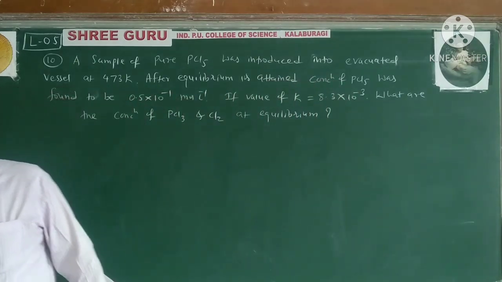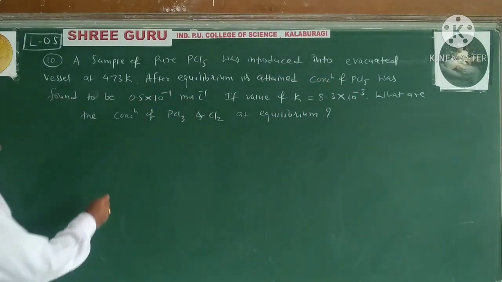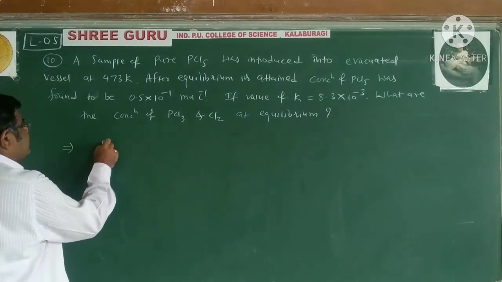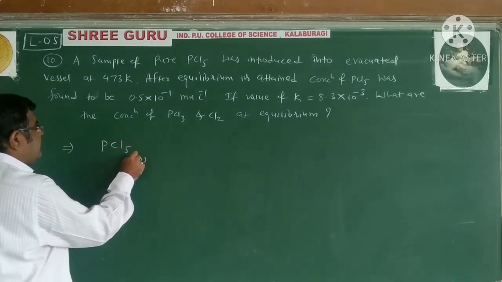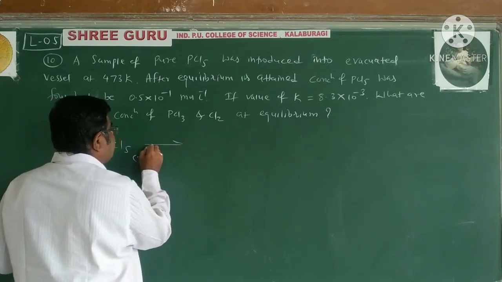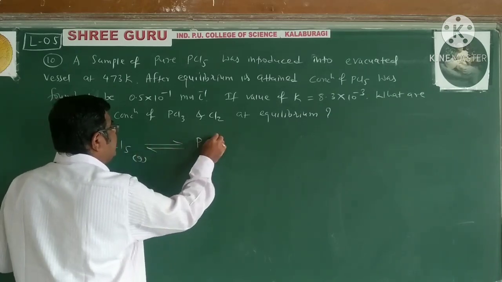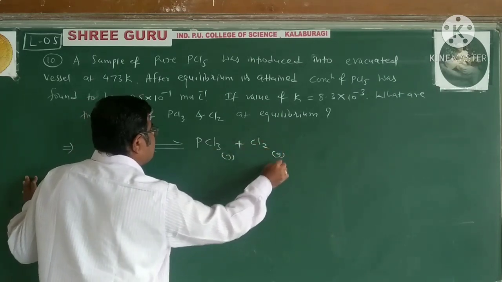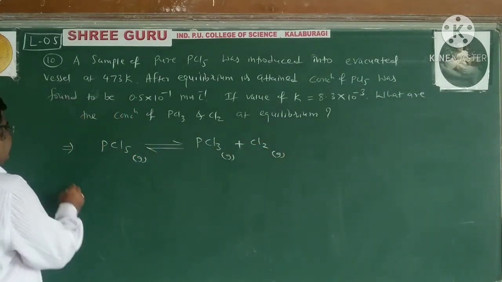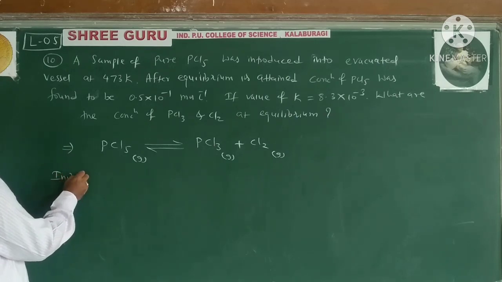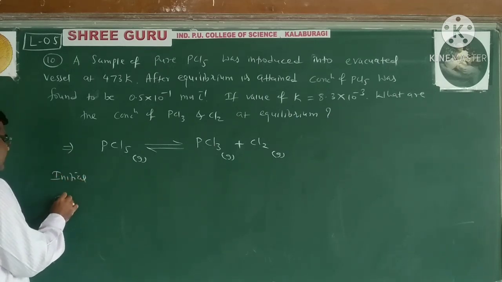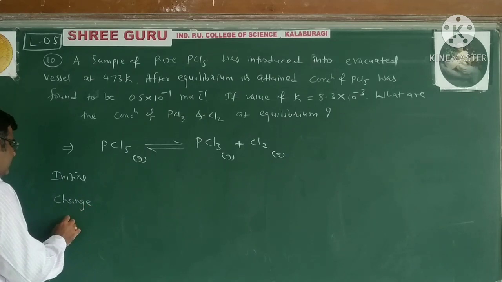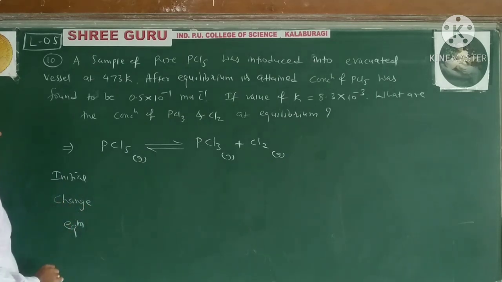So there is PCl5 here, phosphorus pentachloride in gaseous state, and it has been decomposed to PCl3 and Cl2 in gaseous state. Initial, change and equilibrium. These are three things here.